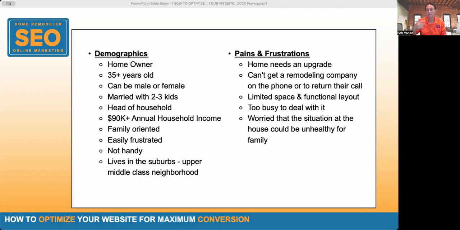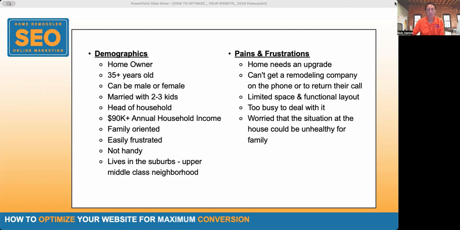Or just not having a good follow-up process in place for follow-up sales, follow-up phone calls. That's really common as well, and that's what kind of comes to that marketing automation conversation. Or possibly they're just worried that what they're envisioning is not really possible within the confines of their current home layout, or maybe their current budget.